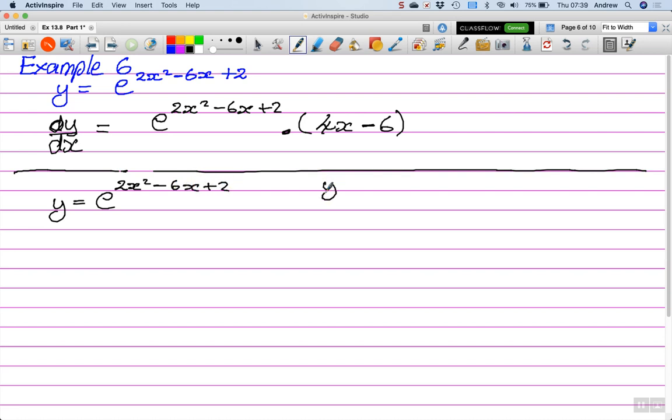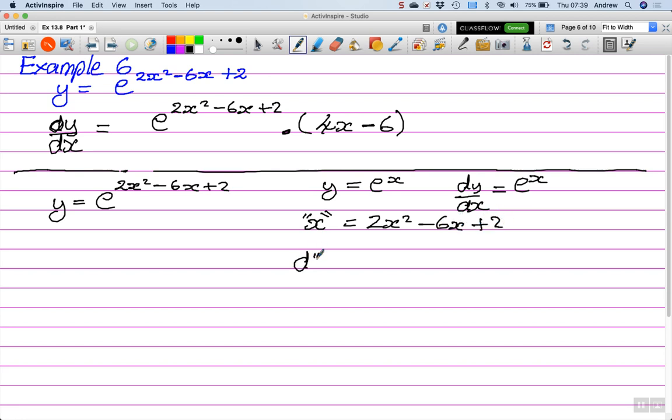And then y is equal to e to the x. We know from the formula book that dy dx is also equal to e to the x. The x in this context is 2x squared minus 6x plus 2.